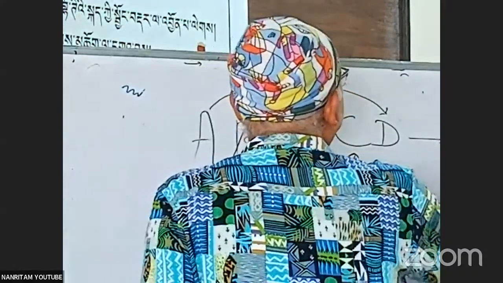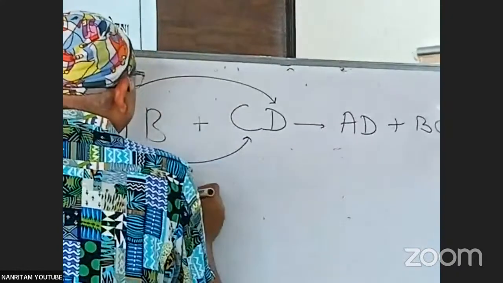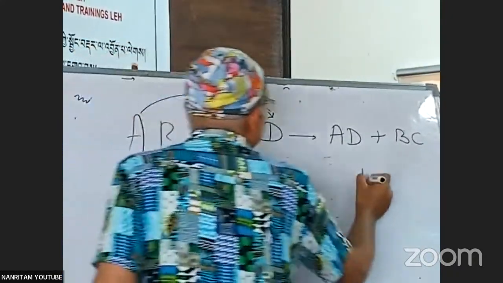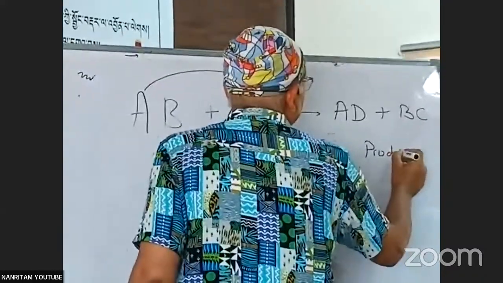This becomes AD plus CB. So these are the reactants and these are the products.